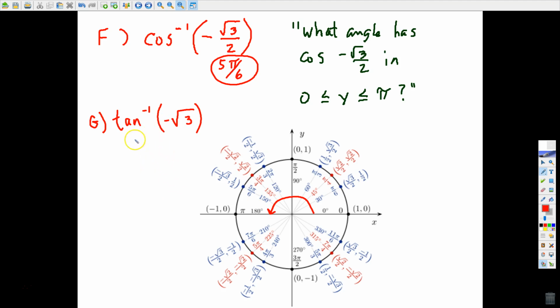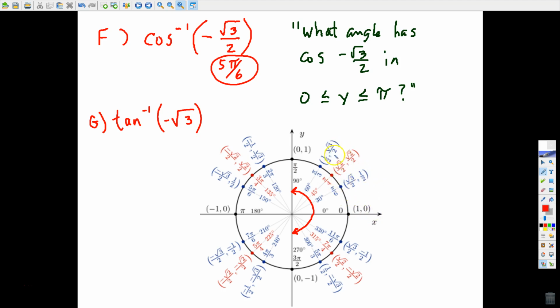Okay, and one more in this block of problems. This is inverse tangent negative square root of 3. All right, so we've got to change our focus a little bit. Now for tangent and for sine, you're looking at the right half of the unit circle only. Okay, negative square root of 3.